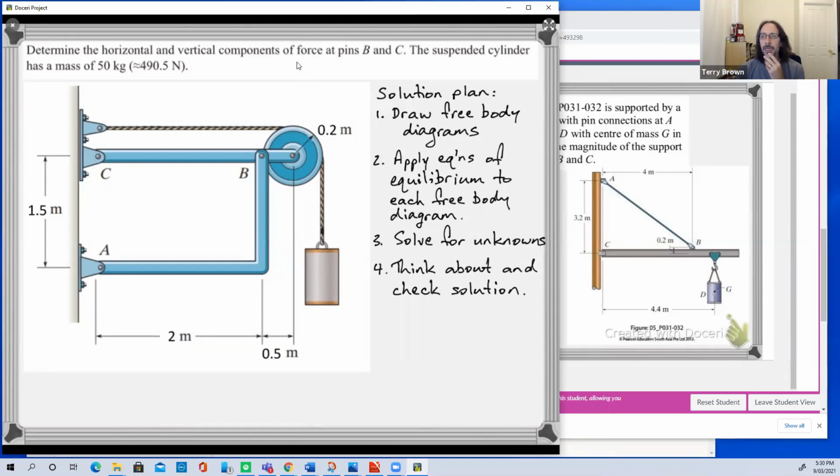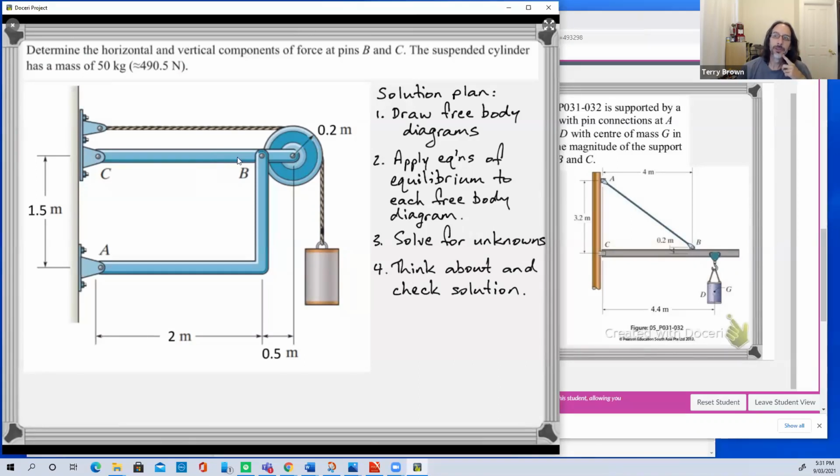But for a quiz or assignment problem or a textbook problem, and it asks you to solve for forces at particular places, then typically you would start with a free body diagram that includes those things. So a free body diagram of this beam or this component here, BC, is probably where I would start.